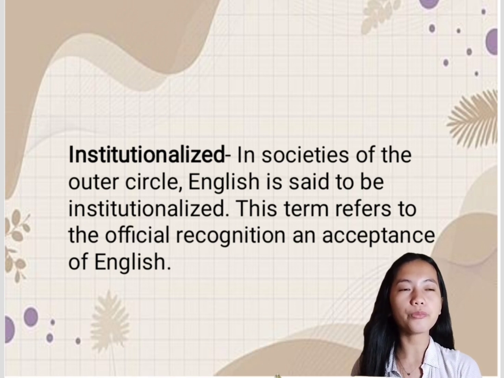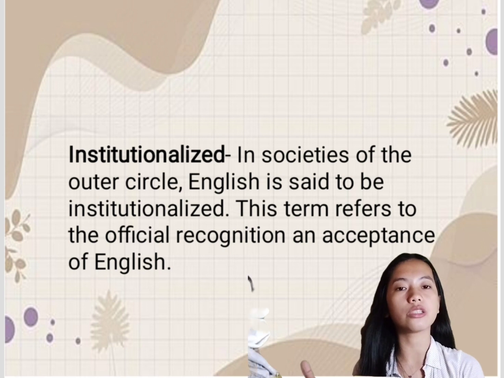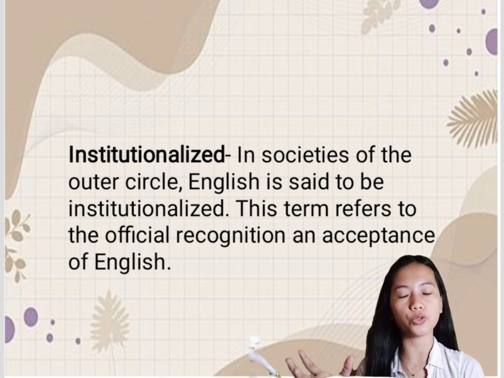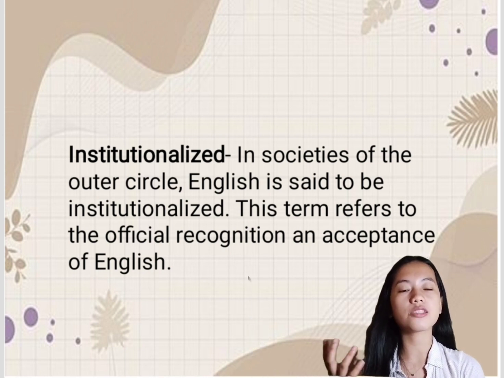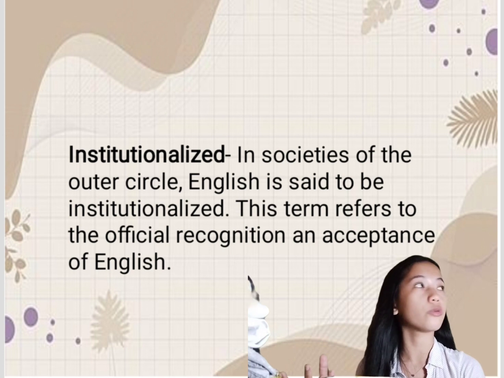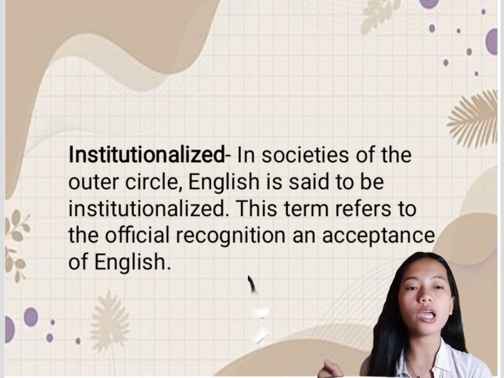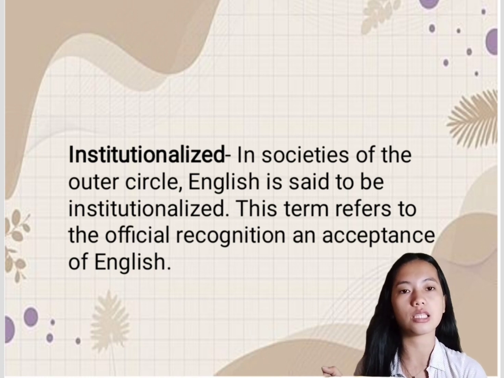So the outer circle, who use English very much, is already institutionalized, unlike the expanding circle, who use the English language as performance varieties and are considered not institutionalized.